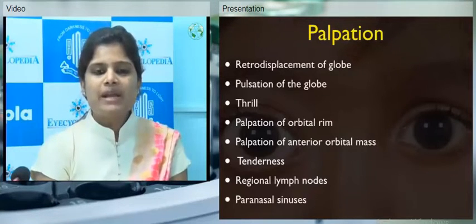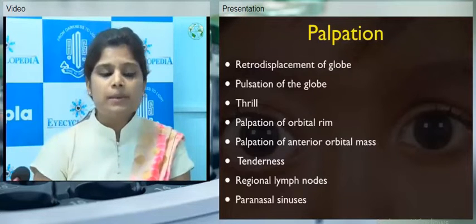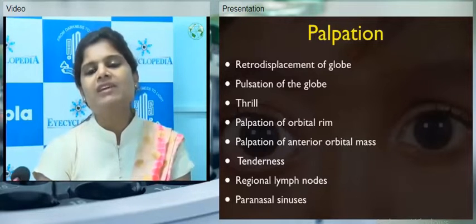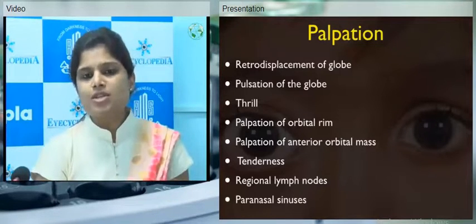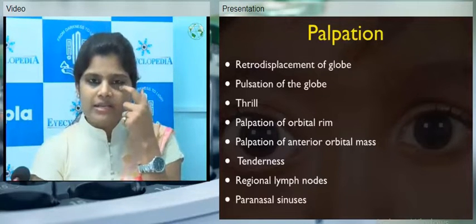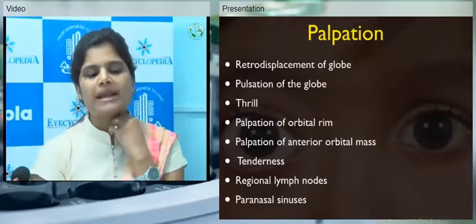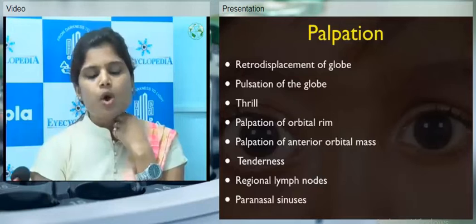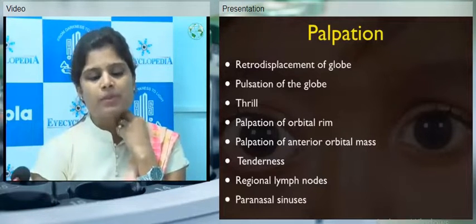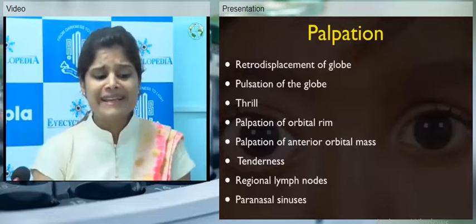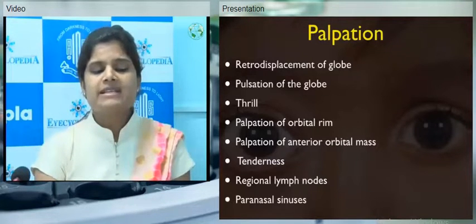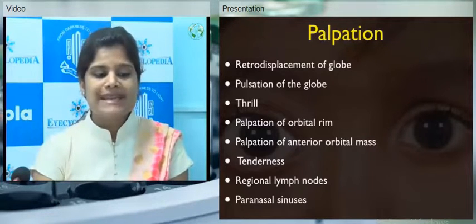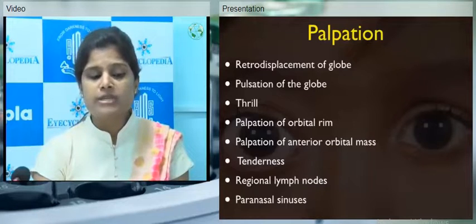While palpating, we have to ask the patient to look in the same direction where we are palpating, because this will relax the orbital septum, and that way we can insinuate the fingers and palpate the orbital mass. We have to note if only the anterior limit is palpable or whether the posterior limit is also palpable, and look for any tenderness. As I mentioned earlier, tenderness means the patient either has inflammation or infection, or sometimes perineural invasion can cause tenderness.